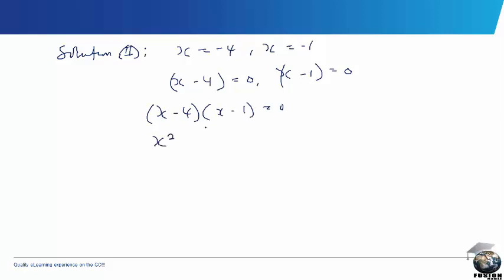And so we have x times x, x squared, x times minus 1 gives minus x, minus 4 times x gives minus 4x, minus 4 times minus 1 gives plus 1 equal to 0, and so you have x squared minus 5x, plus 1 is equal to 0.